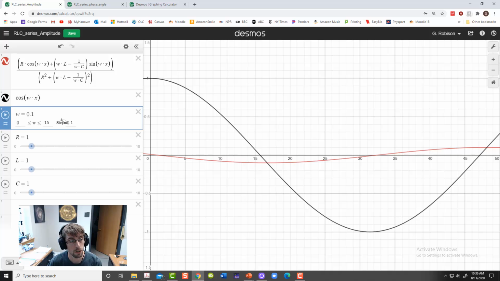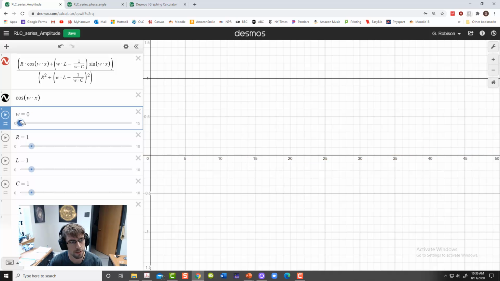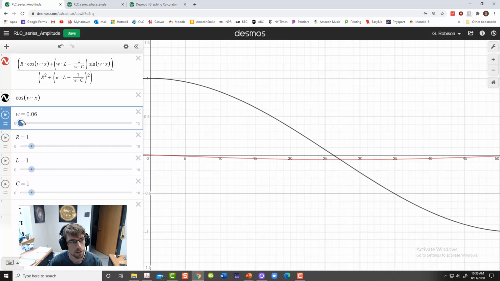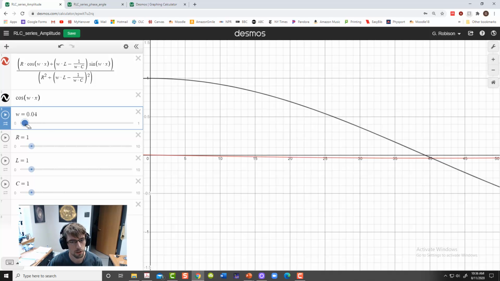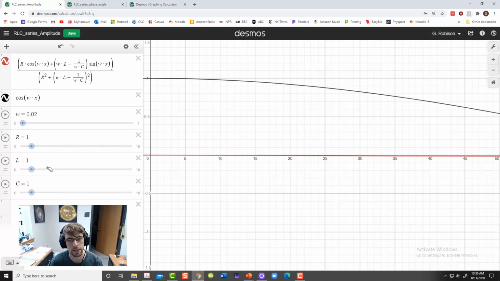And in fact, let's say I go 0.01. Let's see if I can make it even smaller. You'll notice that even smaller, that amplitude of the red line is really small. In other words, as omega tends to 0, the resulting current amplitude is very small.